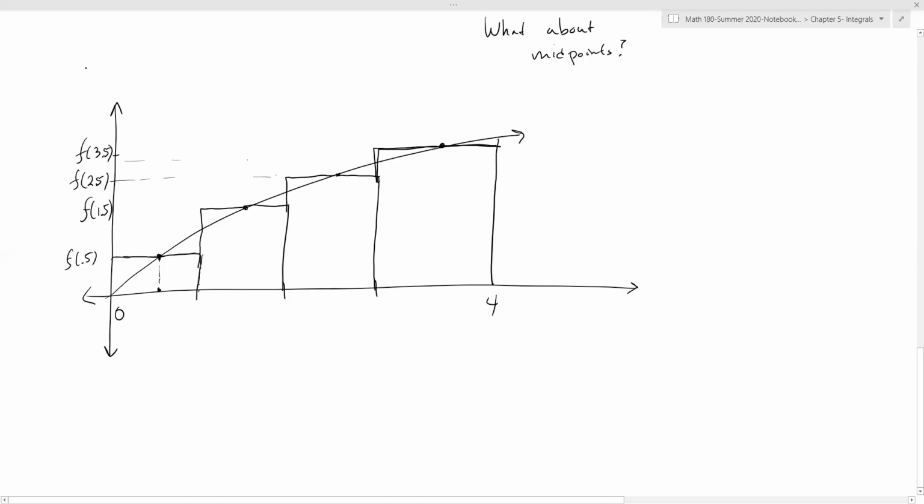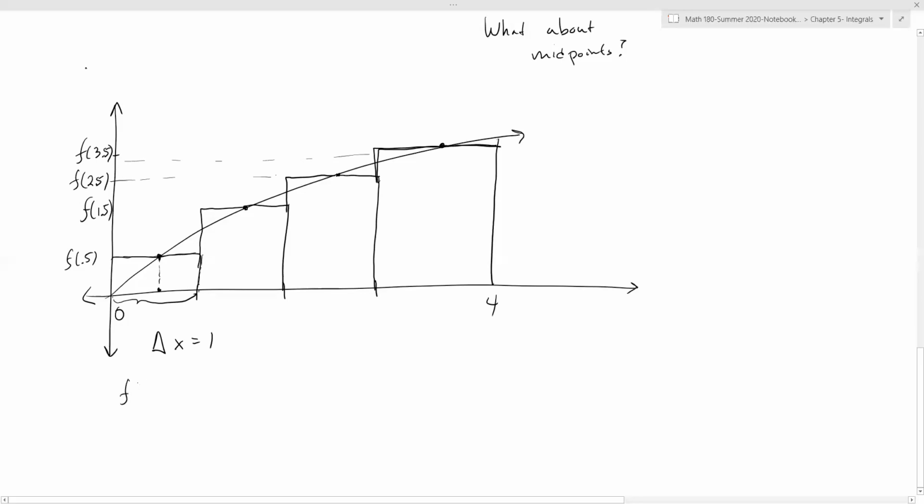That's my third rectangle, right? So when I look at my areas, what we want to notice is that we still have our delta x equal to 1, right? Delta x equals 1. That's the length, okay, because I took the entire length and divided it by 4. So it's still delta x equals 1, but we're just going to calculate our areas utilizing the midpoint.